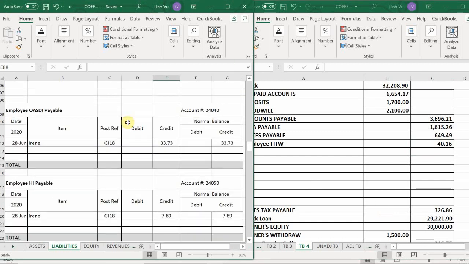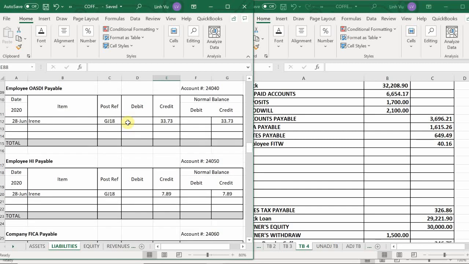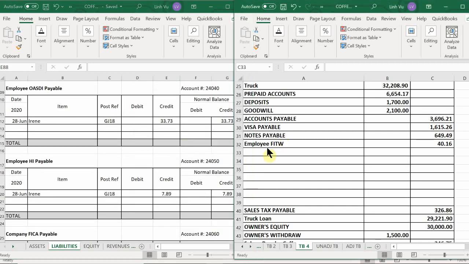Next we have employee OASDI, which is also known as Social Security. So let me put that in there. OASDI. And that amount is $33.73.